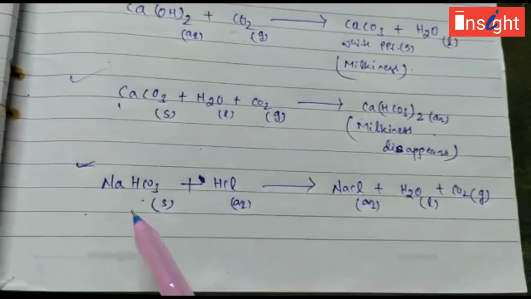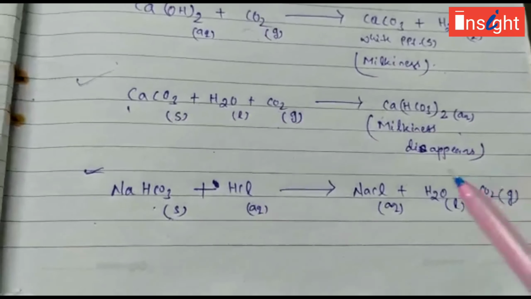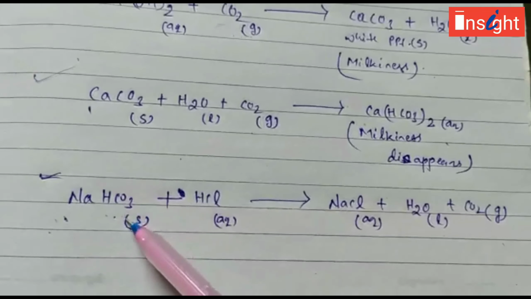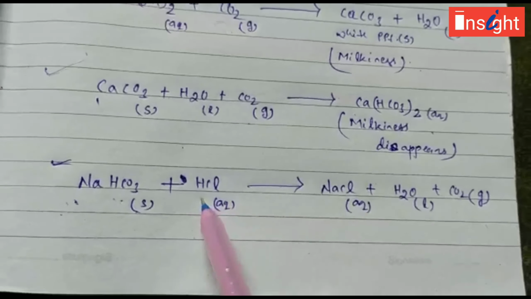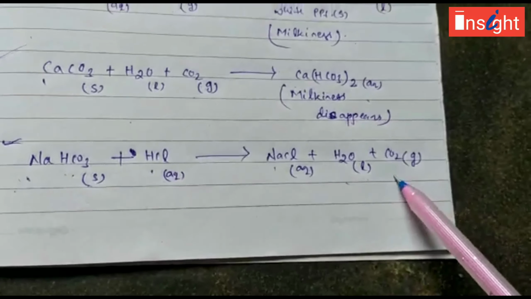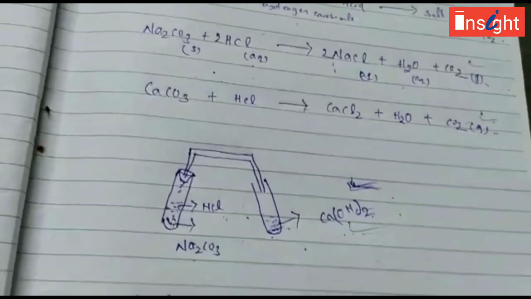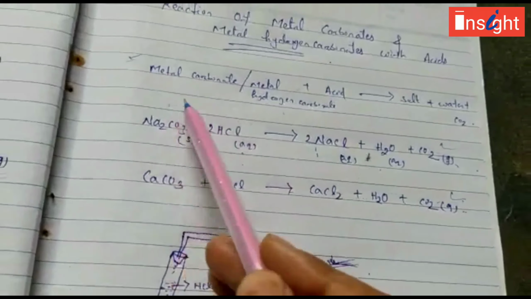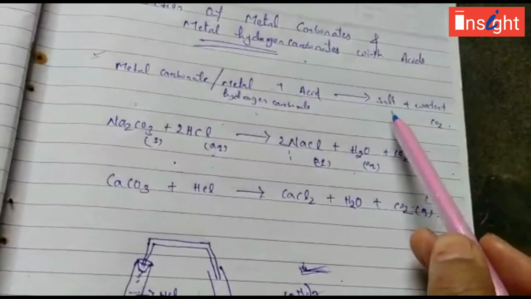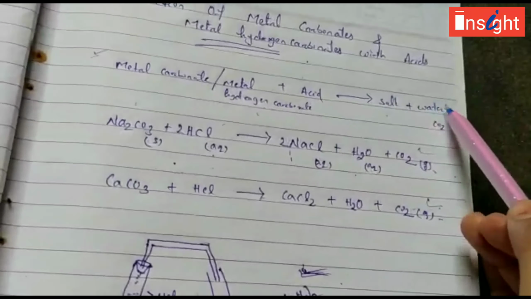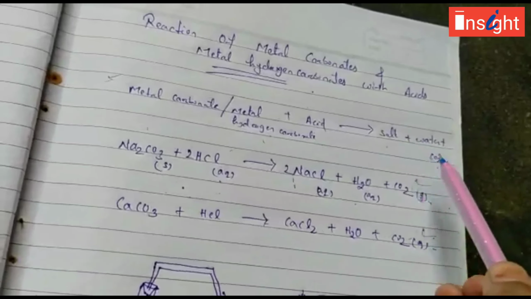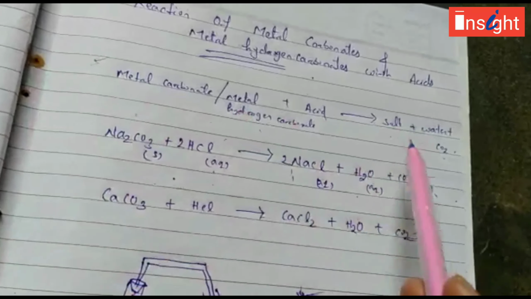Here also the reaction takes place in the same way. When sodium bicarbonate reacts with an acid, it gives the corresponding salt, water and carbon dioxide gas. So you can say that metal carbonates or metal hydrogen carbonates, when they react with acids, give the corresponding salt and water with the liberation of carbon dioxide gas.